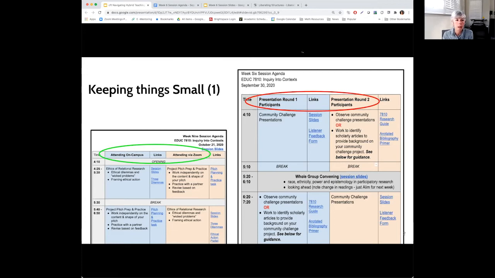The second way that I kept things small, and I'm not going to go into much depth on this, was tapping into the Liberating Structures tool. I really recommend that you check them out if you haven't. Essentially, Liberating Structures are protocols and ways of organizing small group work. They map everything out. They provide some images, some tools, and literally they provide the directions.